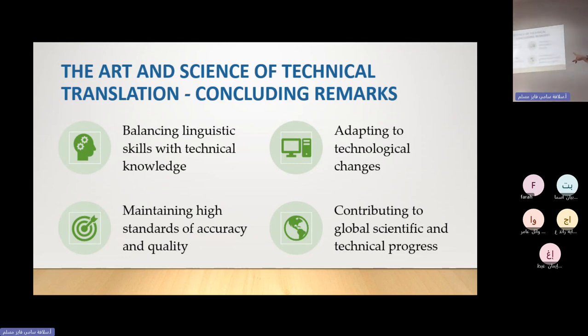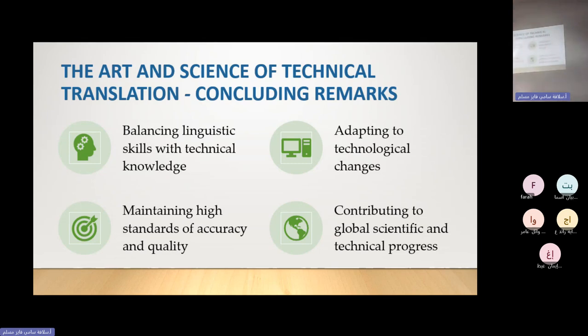Balancing linguistic skills with technical knowledge. I need to have the linguistic skills, how to speak and how to write, with the technical knowledge of scientific and technical translation, maintaining high standard of accuracy and quality, adapting to technological changes. The more science and technology develop, the more I need to develop with them.